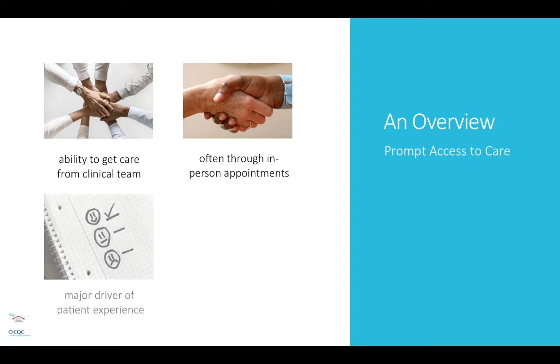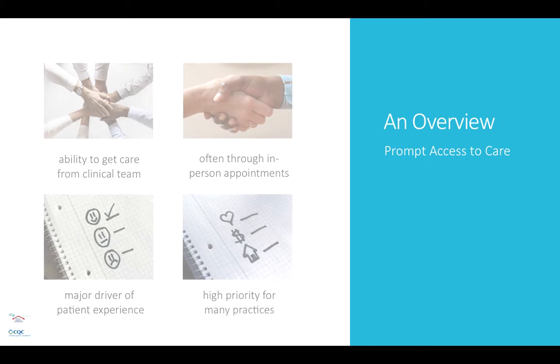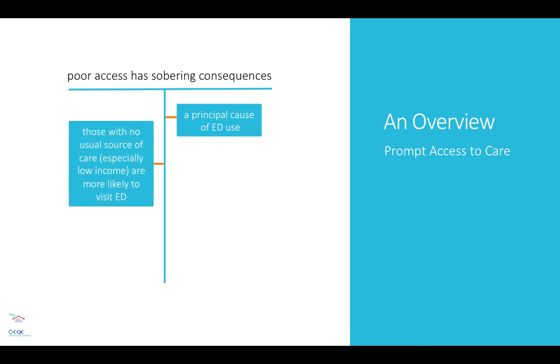Access is a major driver of patient experience, so it is a high priority for many practices seeking to improve patient experience. The consequences of poor access are sobering. A principal cause of emergency department use is a lack of access to primary care. People with no usual source of care, especially those with low incomes, are more likely than others to visit an emergency department.